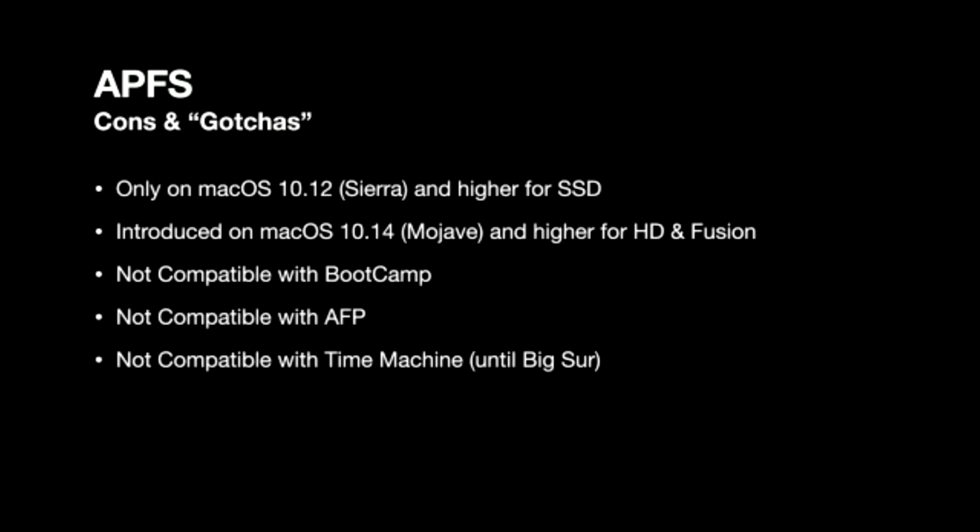That drive that's being shared cannot be connected to with AFP. You have to use SMB networking, Server Message Block, which is what's used typically in the Windows world. Apple will do both AFP and SMB, but it will only share via SMB on an APFS formatted drive.